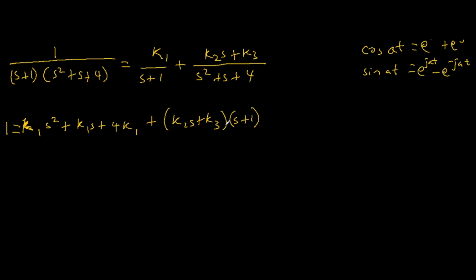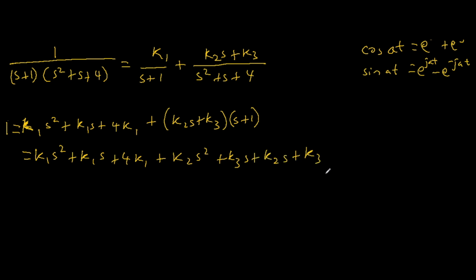Let me expand this parenthesis here. You have this being equal to k1s squared plus k1s plus 4k1 plus this will be k2s squared plus k3s plus k2s plus k3. Okay, so collect like terms if you want.